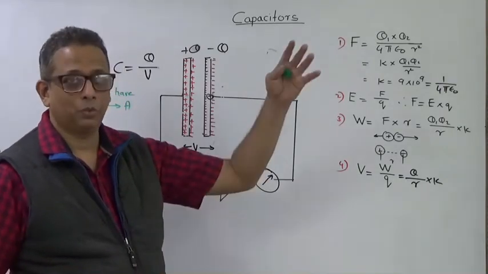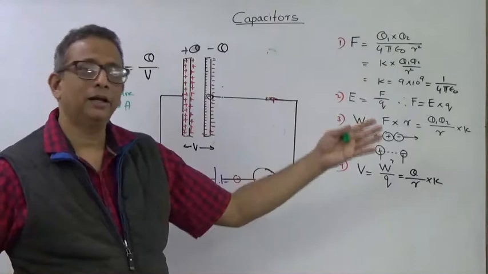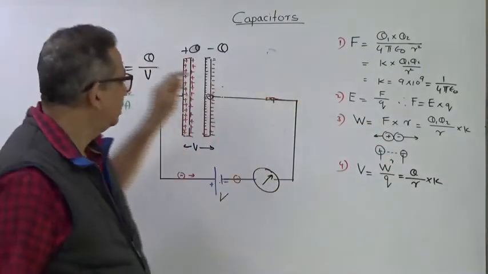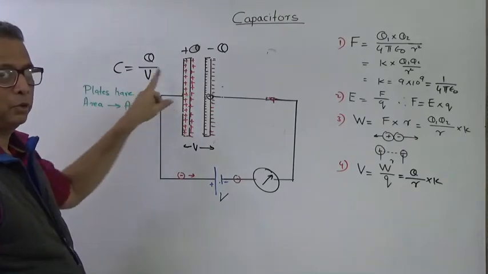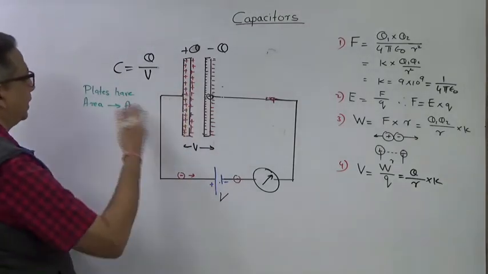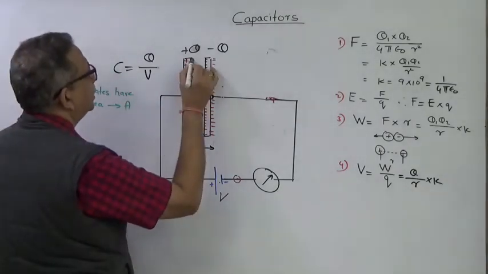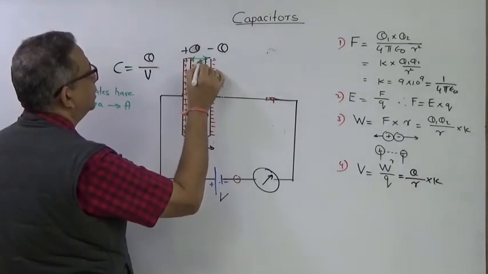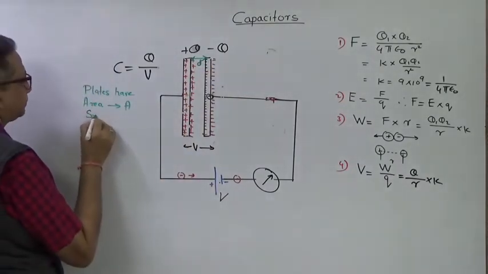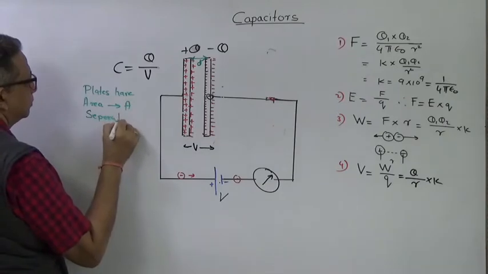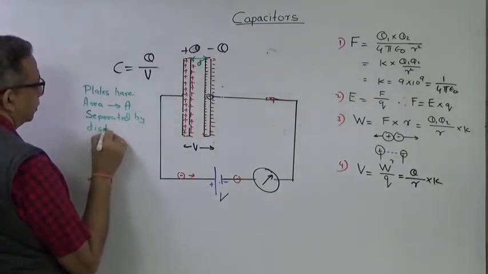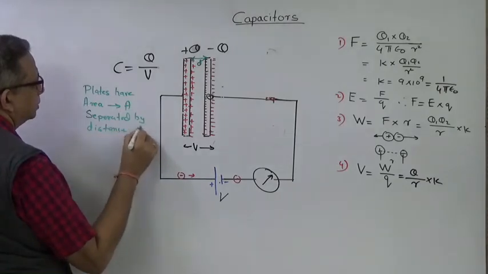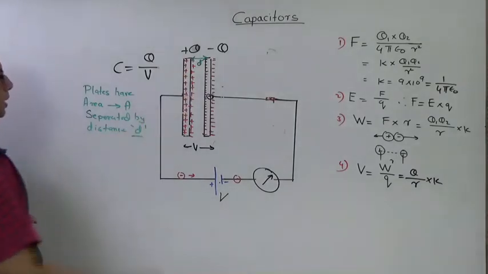If the area is more, definitely more electrons will be accommodated in that particular area. So let us give both the plates the same area A, and let them be separated by a distance d.